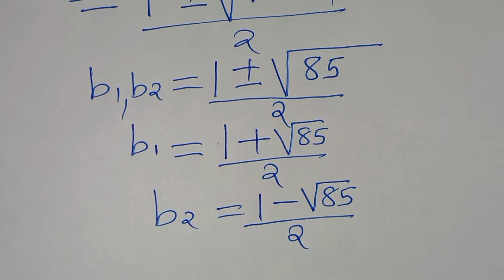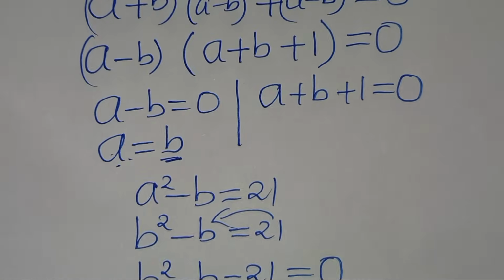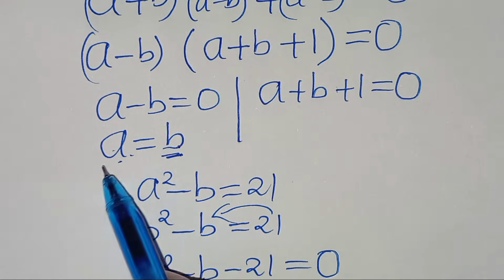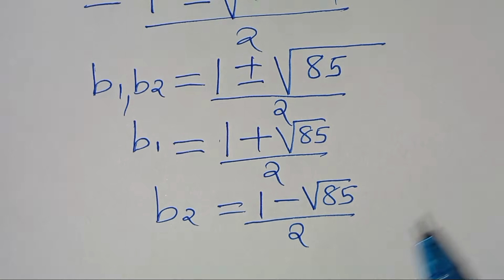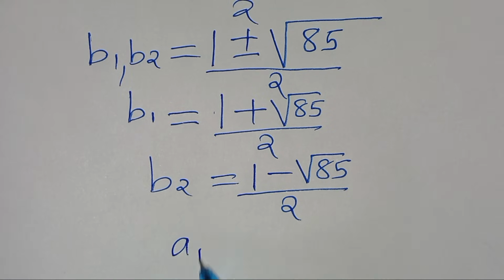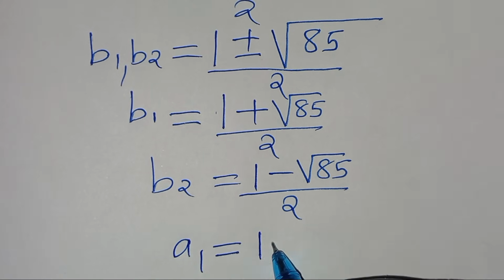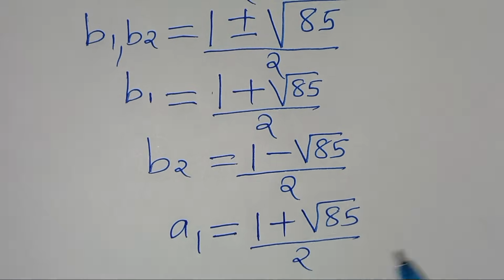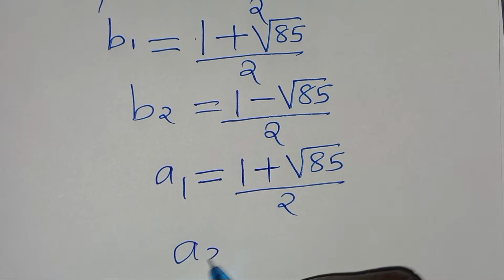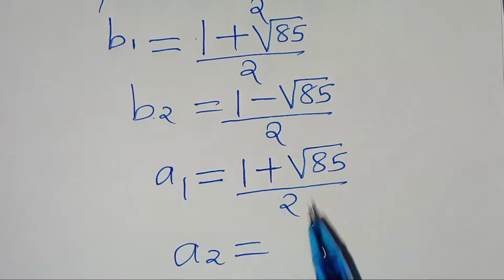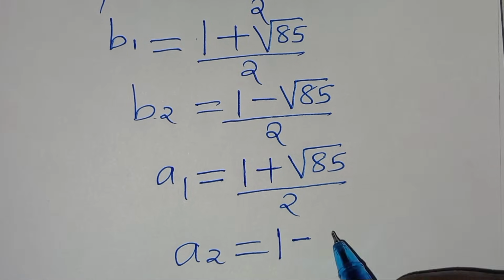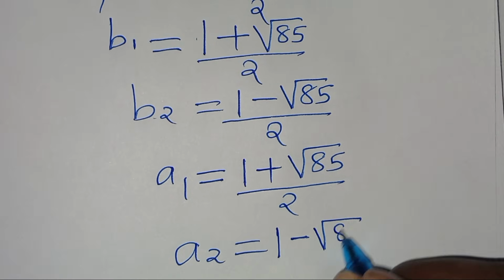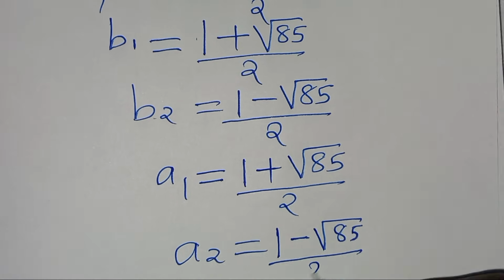And since a is equal to b, then we have that a1 will be equal to 1 plus square root of 85 divided by 2, and a2 is equal to b2, which is 1 minus square root of 85 divided by 2.